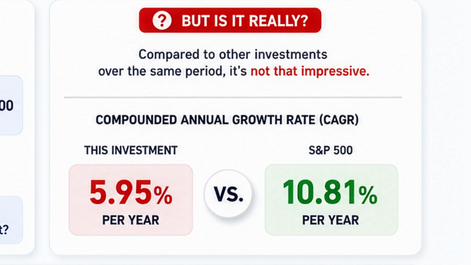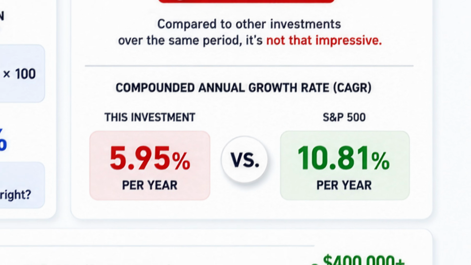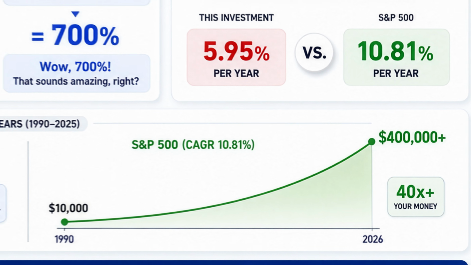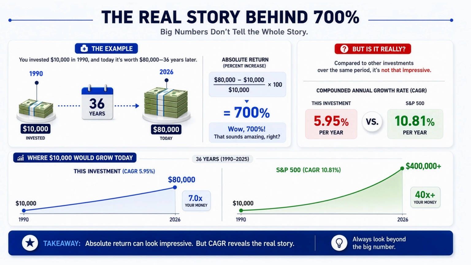If that $10,000 had been in the S&P 500, it would have grown into over $400,000. $400,000 sure beats the hell out of $80,000. So yes, 700% sounds huge, but without looking at the compounded annual growth rate, it's basically meaningless for comparison.